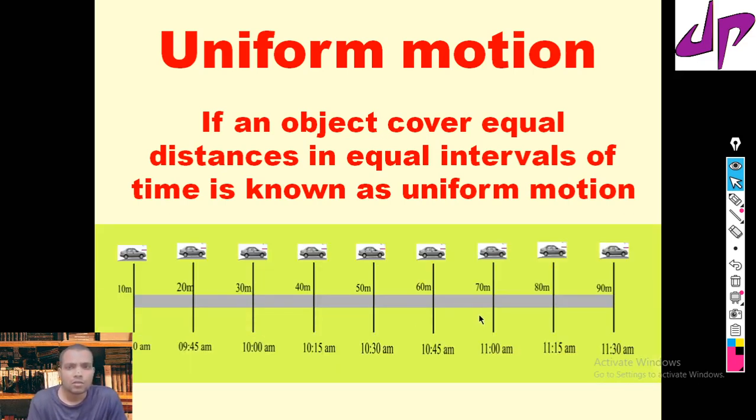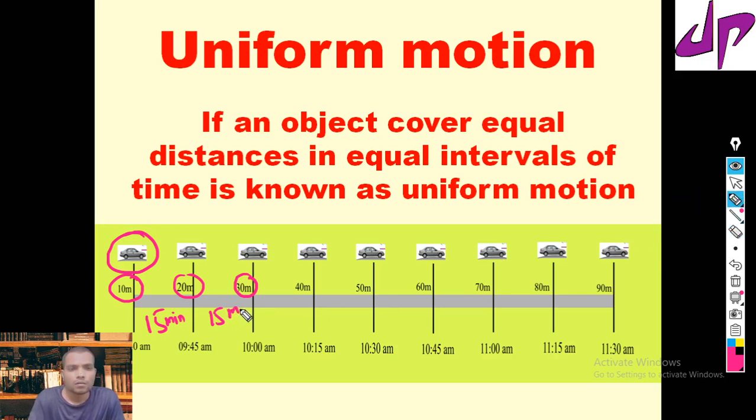So if an object, here my object is a car, the car is moving equal distances from 10 to 20 meters. It has taken time up to here, 15 minutes. From again 20 to 30, here it is 15 minutes.